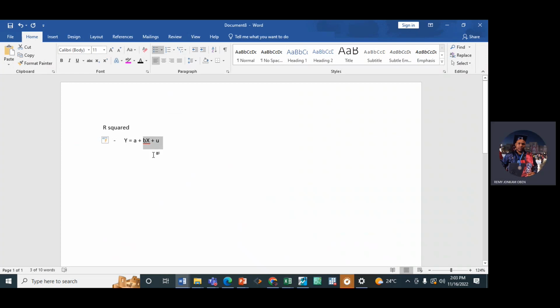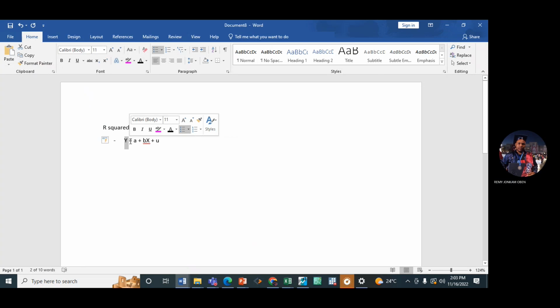So it simply tells you that this independent variable explains this dependent variable to a high degree. You understand? So it's telling us the explanatory power of the model. It's actually called a coefficient of determination.